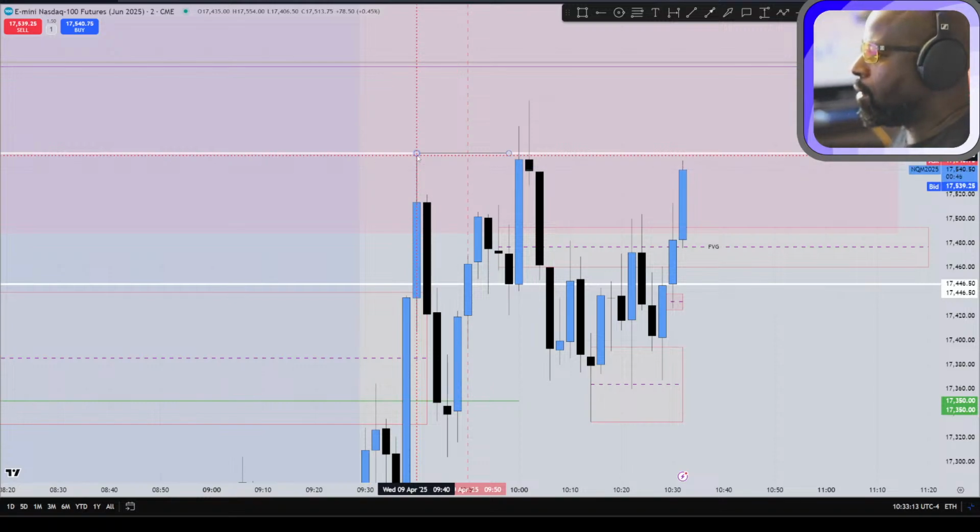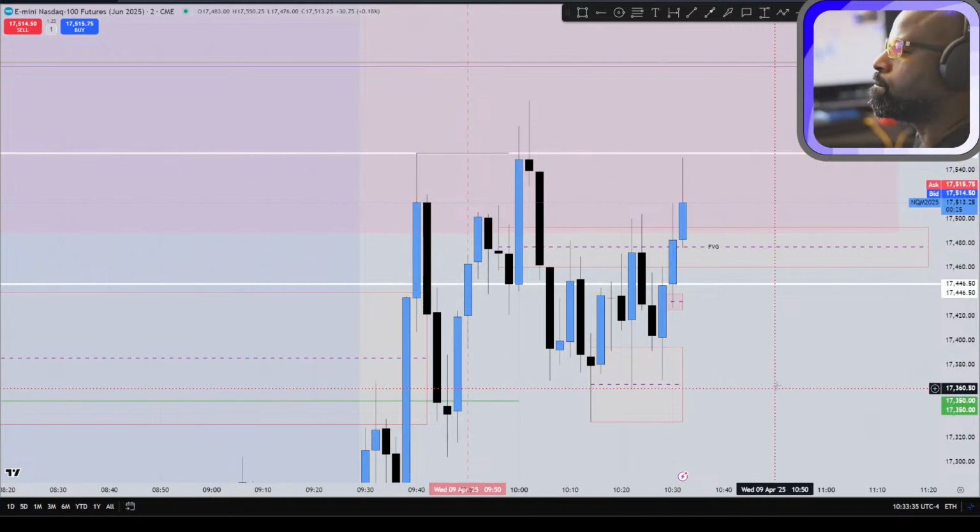So now we have this strong push up toward, well, we're at the intermission again, and we're still in the discount low of the 15-minute closed candle to the left.